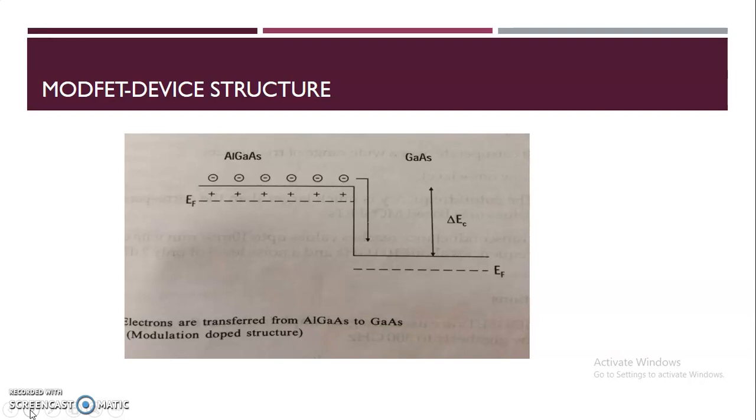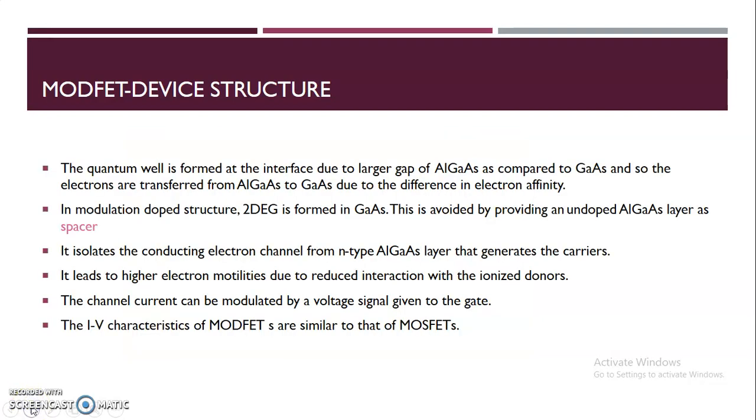When the voltage is applied, source and drain conduction takes place in the two-dimensional electron gas with high mobility. We'll see all those things. The quantum well is formed at the interface due to the larger gap. We saw that already. The electrons are transferred. In modulation doped structures, two-dimensional electron gas is formed in GaAs.